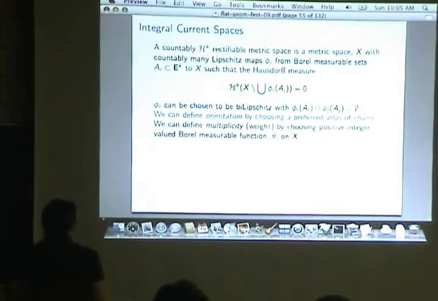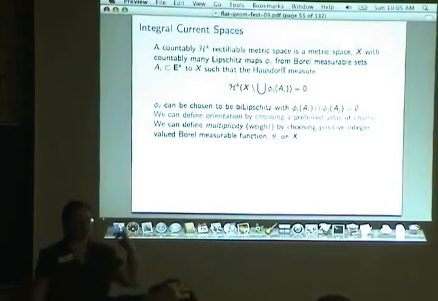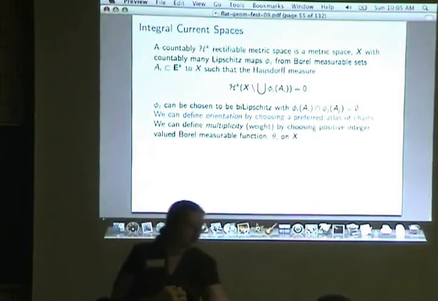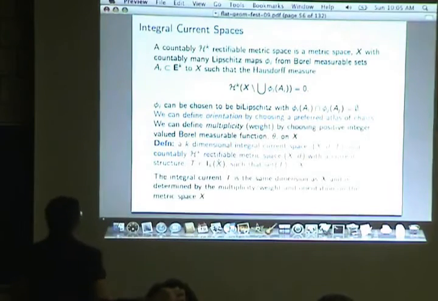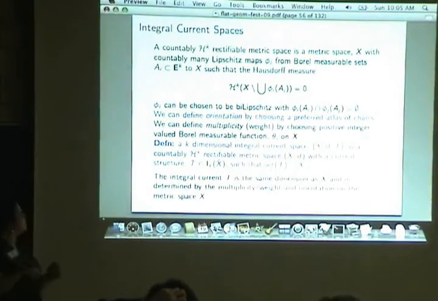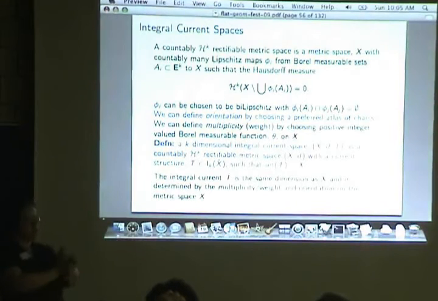Multiplicity is a Borel measurable function whose values are integers. I left out integer for some reason. So in all, we can put it together. It's a metric space X with a metric d, and T is what we call the current structure. This current structure T captures this multiplicity and orientation.